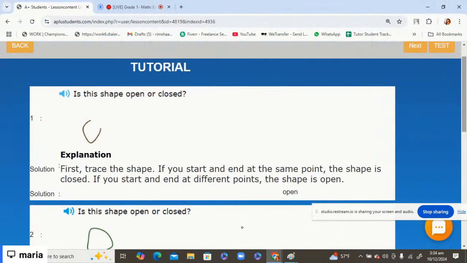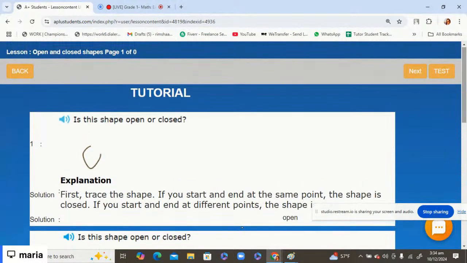So here are some shapes, and now you tell me, is this open or closed? Look, starting and ending point is different. So when we trace the shape, we are going to check the starting and the ending point.